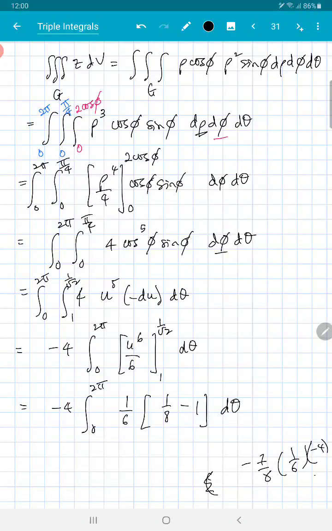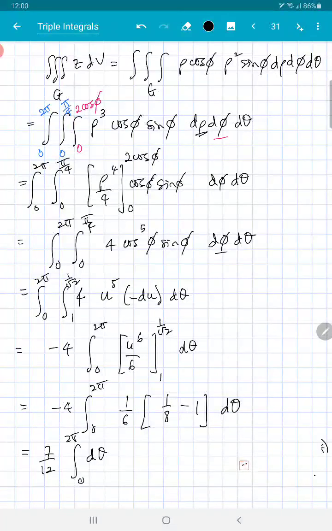1 over 6 times 7 over 8 times 4. That would be 7 over 12. And then we have d theta, 0 to 2 pi.